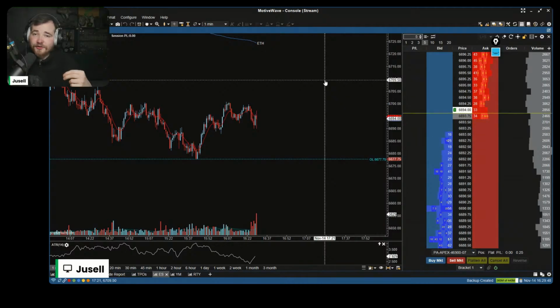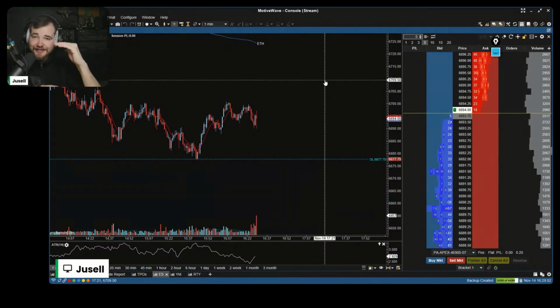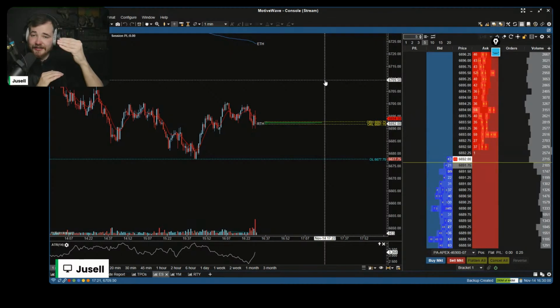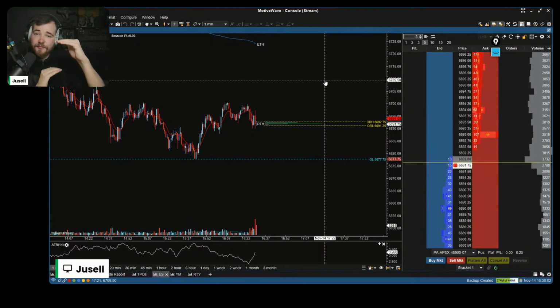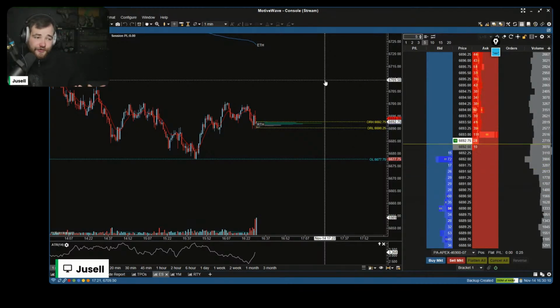And a bracket order is very simple. When you enter a trade, it automatically puts a specifically set profit target and stop target. And then if my stop is hit, it automatically cancels my profit target, or if my profit target is hit, it automatically cancels the stop.